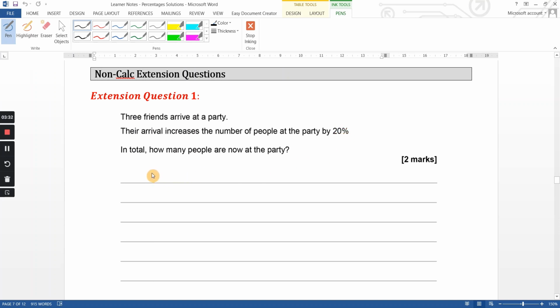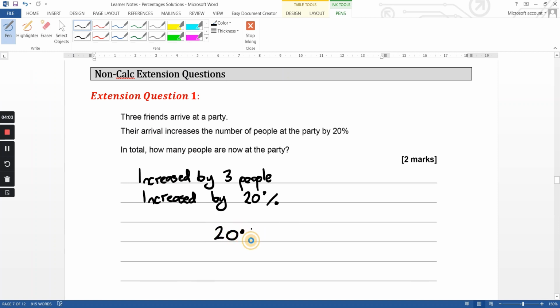So if you think about it, the party increased by 3 people, and at the same time it increased by 20%. So they must mean the same thing. So we can say that 20% is equal to 3 people.